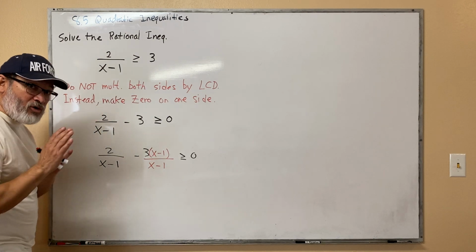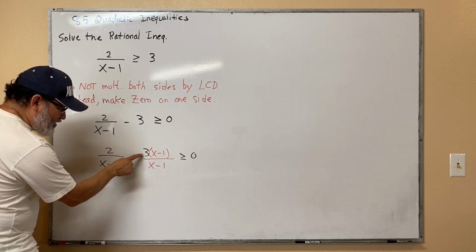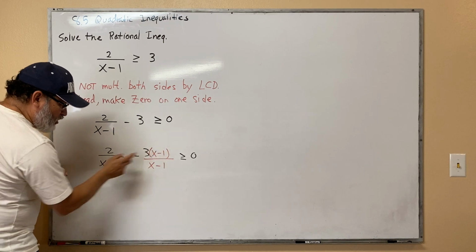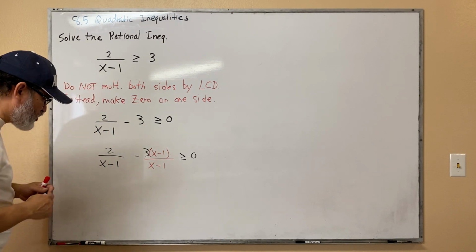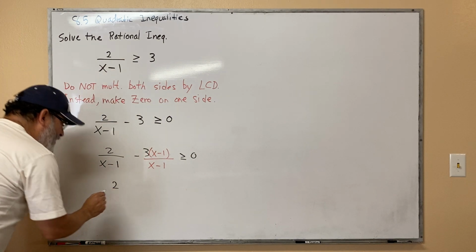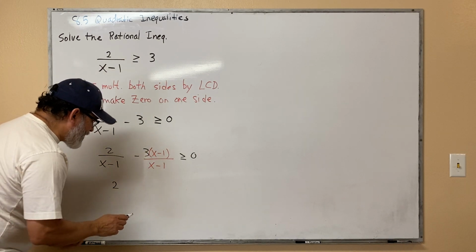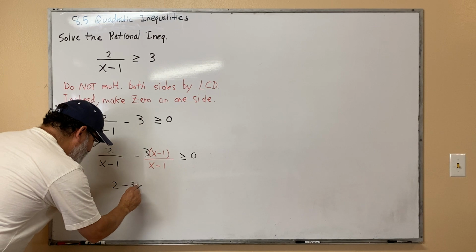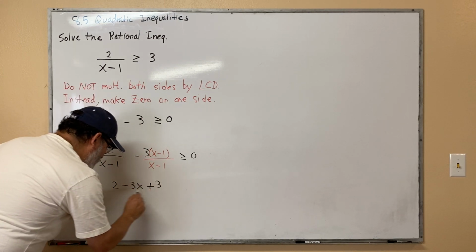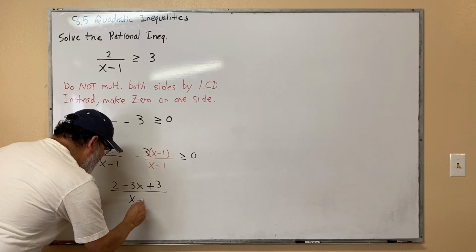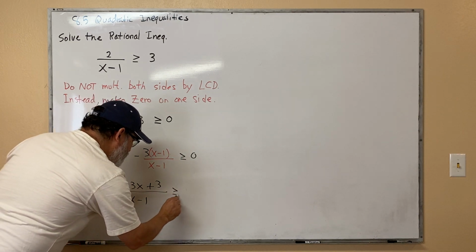Now, good class, distribute the negative into this binomial and then combine. So this is 2, and then negative 3 times x is negative 3x, and negative 3 times negative 1 is plus 3, all over x minus 1 greater than or equal to 0.